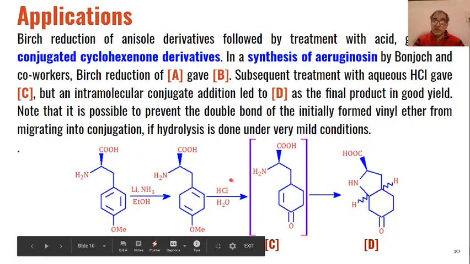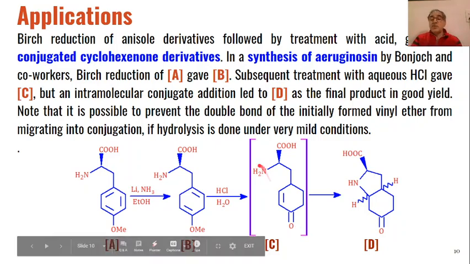And when this is hydrolyzed in presence of an acid, then this vinyl ether moiety will change into alpha beta unsaturated ketone.